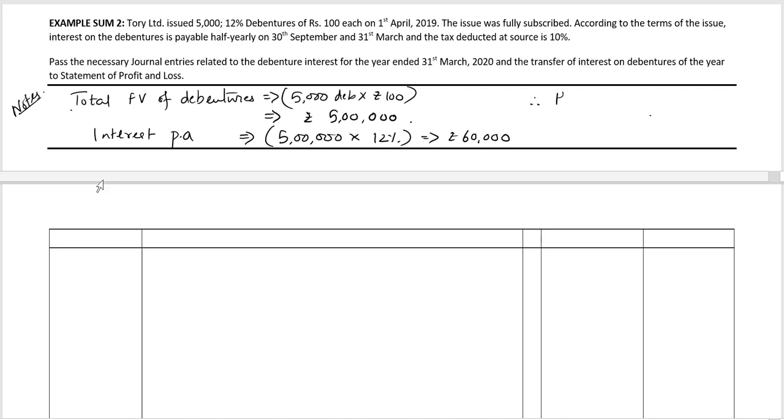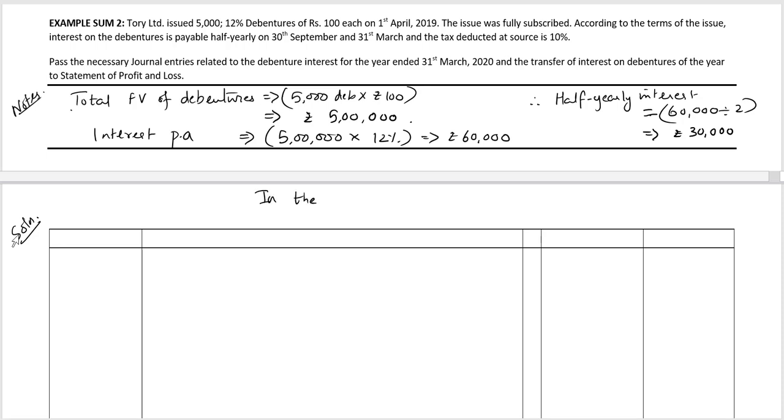Therefore, half yearly interest is equal to 60,000 rupees, the total year's interest, divided by 2, comes to 30,000 rupees. We'll continue with the journal entries. Solution.